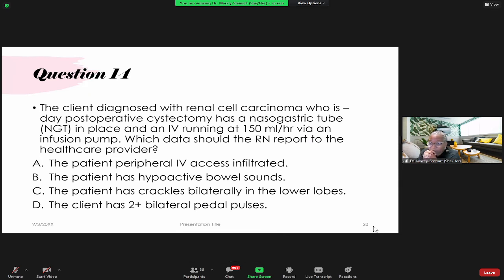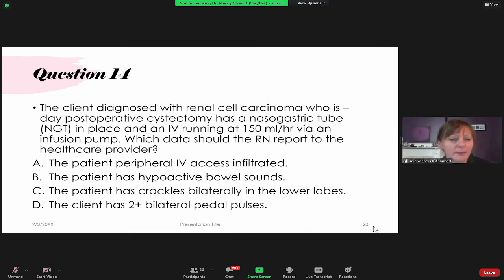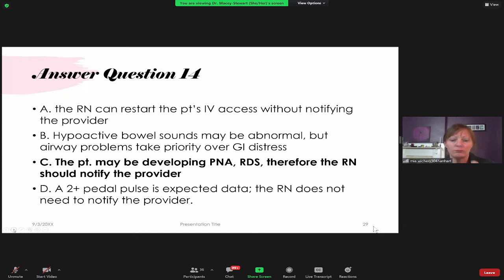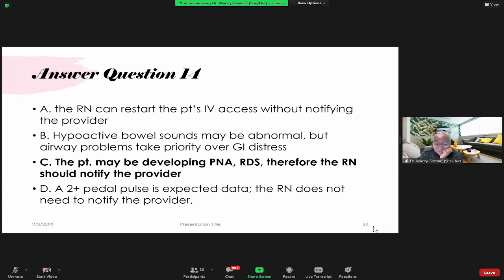Could be fluid overload, no? Fluid overload, yeah. This is from a textbook. Can I move on? Yeah.